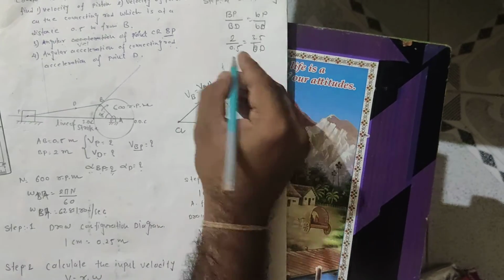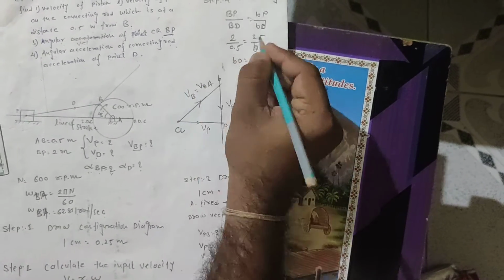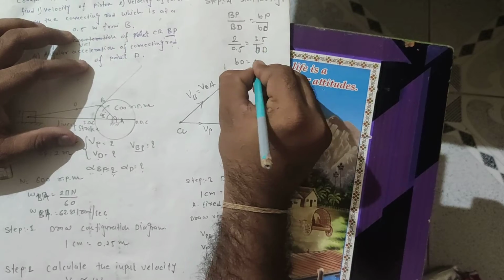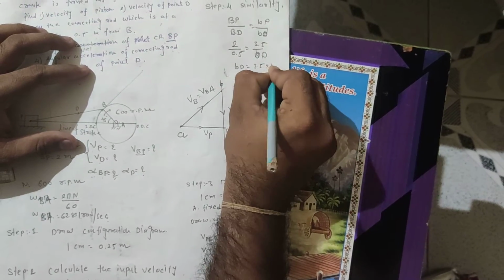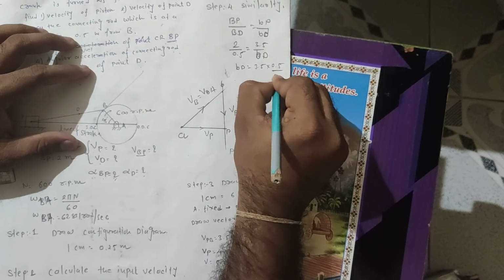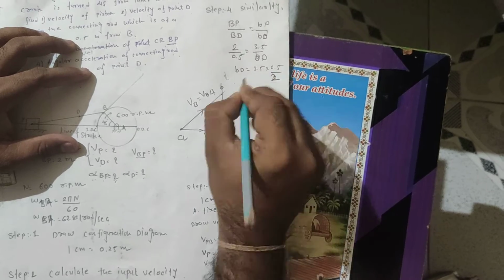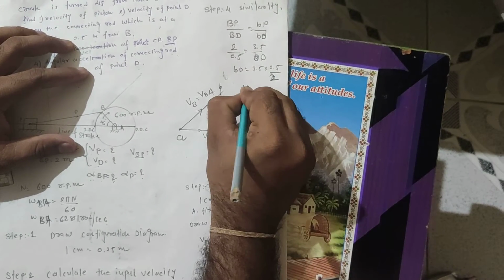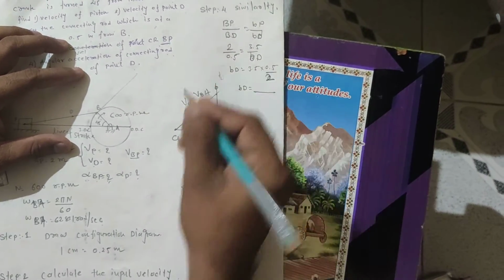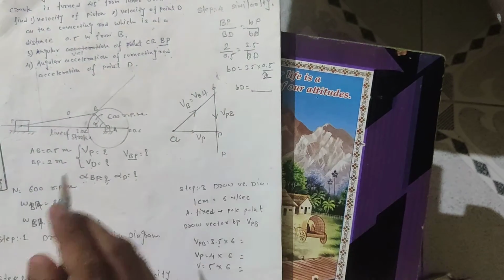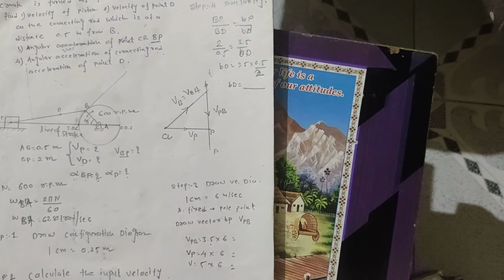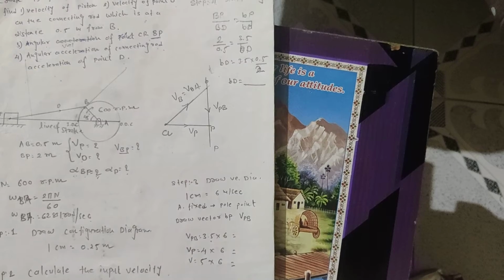BD. So BD is equal to what? That is 3.5 into 0.5 divided by 2. So here we have to find out BD. What is the value that we have to find out? That we also use over here by calculating with the calculator.